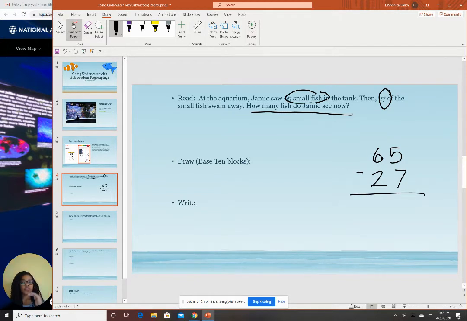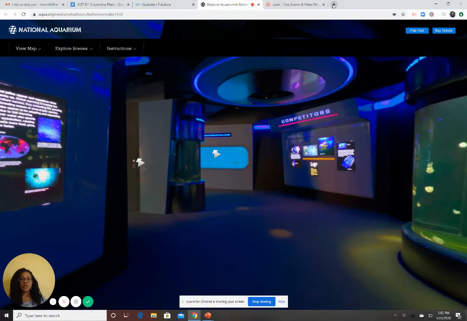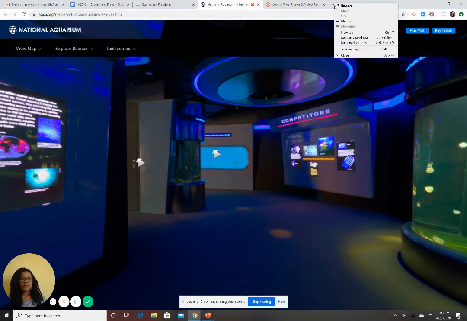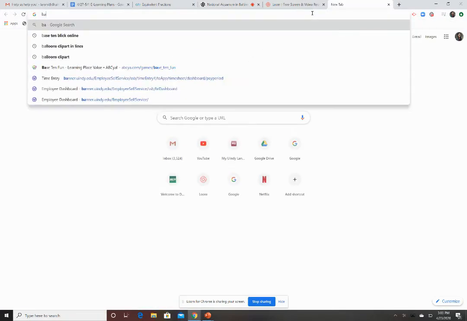If there's more on the floor, go next door. So clearly we see that there's 7. It's bigger than 5. And so we can't take 7 away from 5. And so we're going to have to borrow from our 10. So what we're going to do is we're going to go to our base 10 blocks.